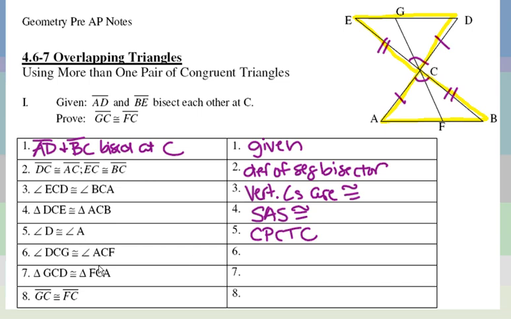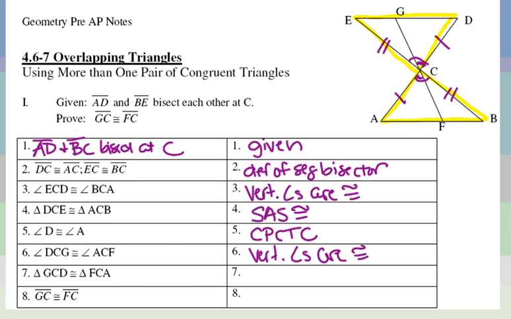Then the next part of this proof, they've said that DCG, which is this little piece right here, is congruent to ACF. Well, that was not part of this big yellow triangle, which means that there must be another reason, and that reason is, once again, because vertical angles are congruent.